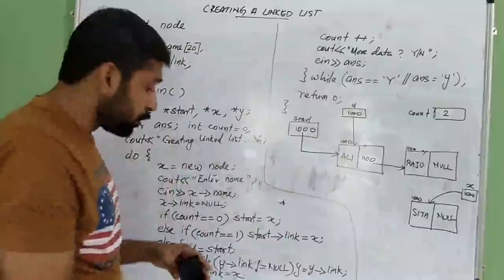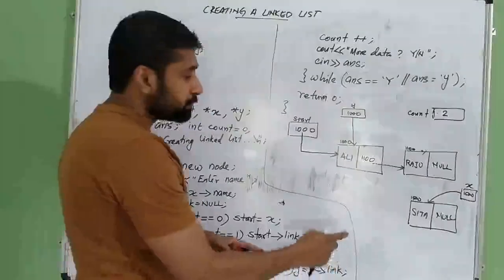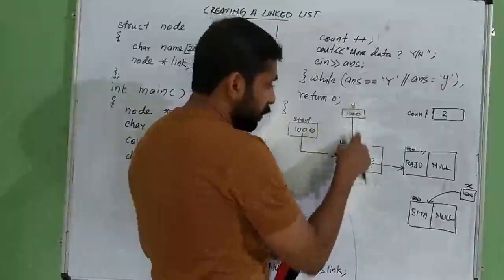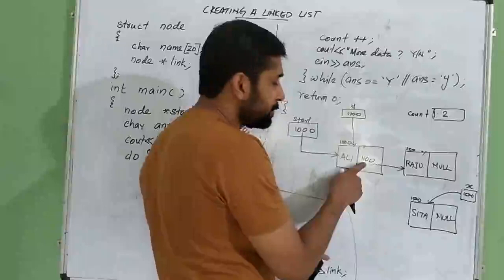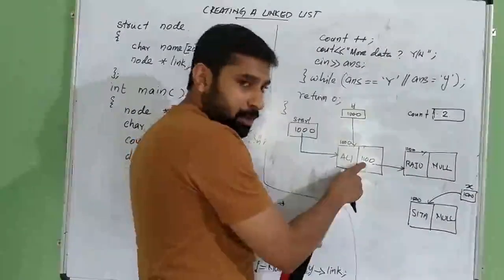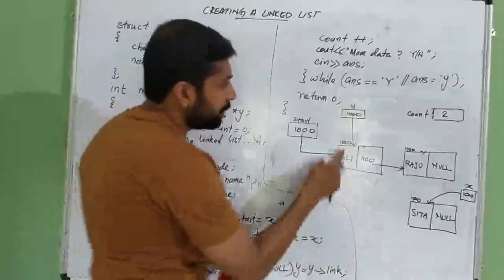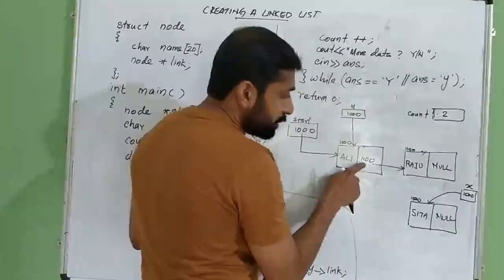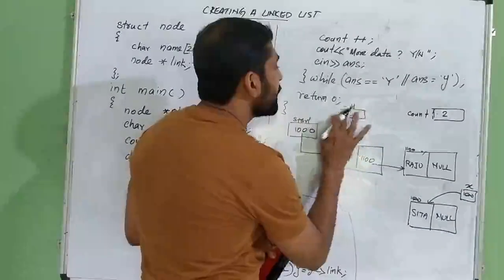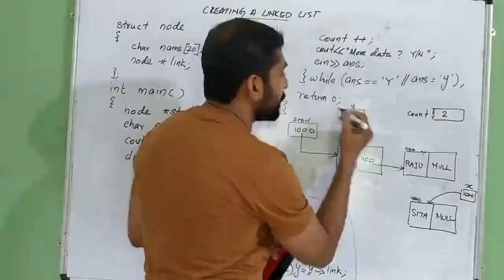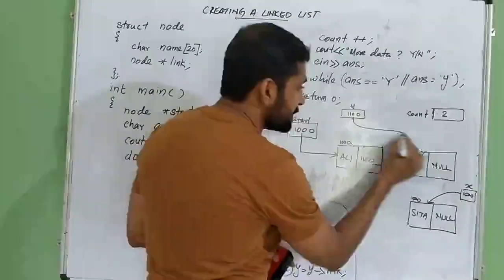If it is not equal to null, what happens? y equal to y dot link. See here, y arrow link is 1100, right? It is not null. So what is to be done? y equal to y arrow link. What is y arrow link? 1100. So y equal to y arrow link means here it becomes 1100. What does it mean? It now points to this.